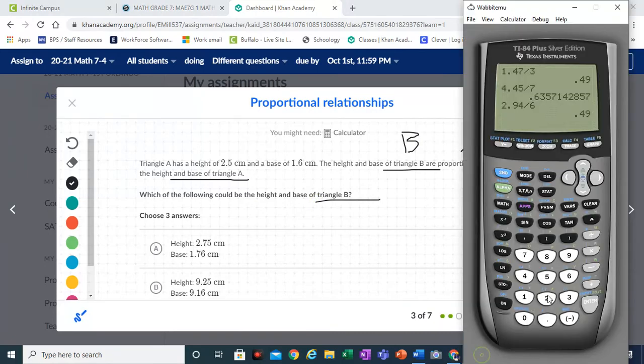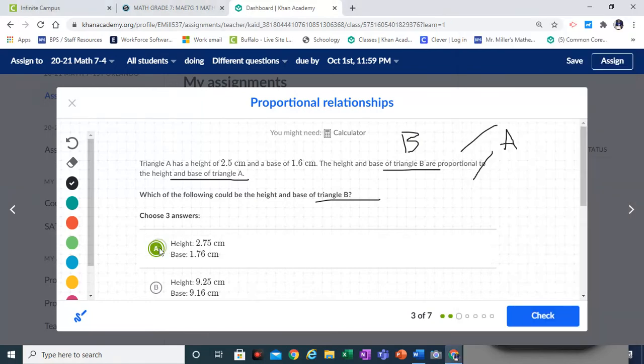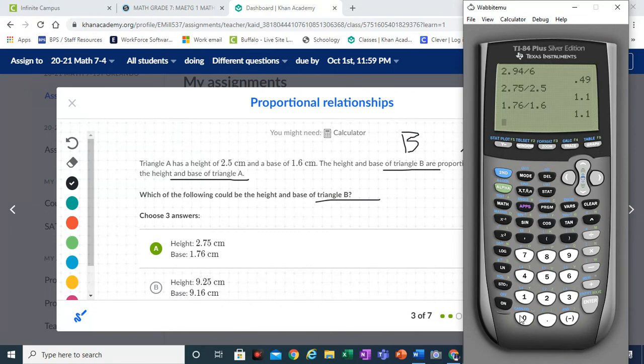So we need to do the height over the height. So 2.75 divided by 2.5, you get 1.11. Then we do 1.76, the base here, divided by the base of A, which was 1.6, and you get 1.1. So there's one answer. So now we have to do the next one.